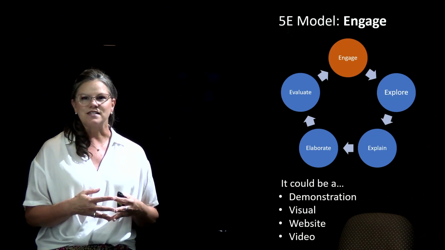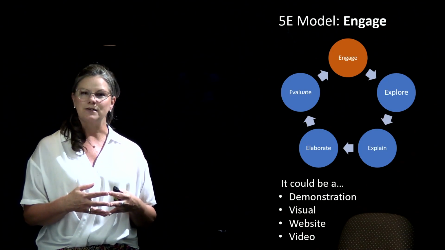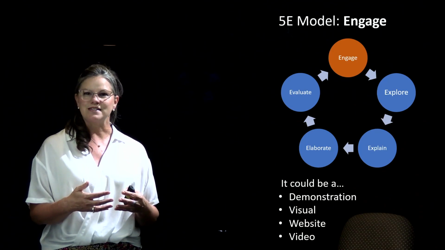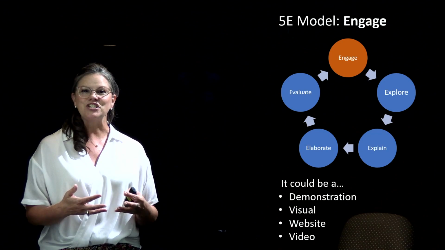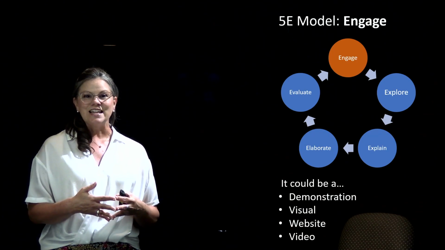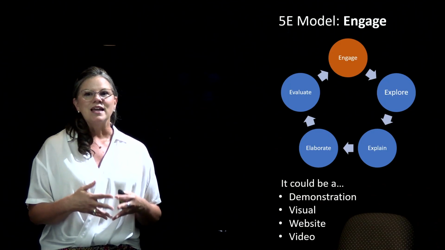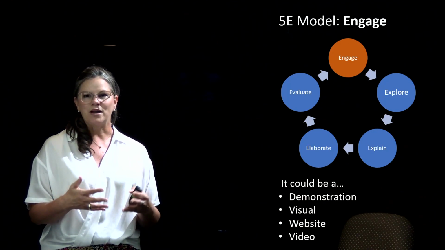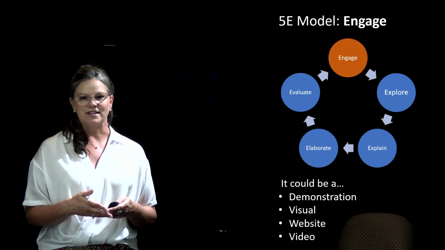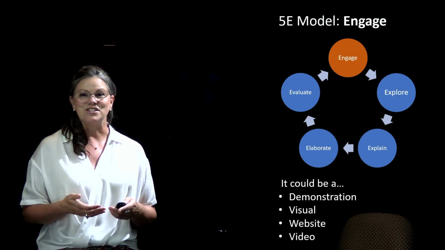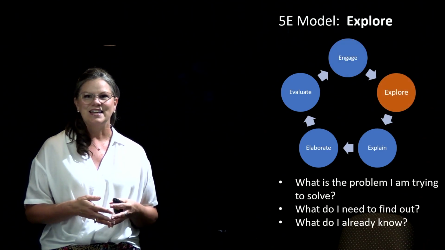During this phase, the teacher prepares some activity that promotes curiosity. It could be a demonstration, a visual, exploring a website, exploring a video. All these things prompt questions and further investigation and spark student curiosity.